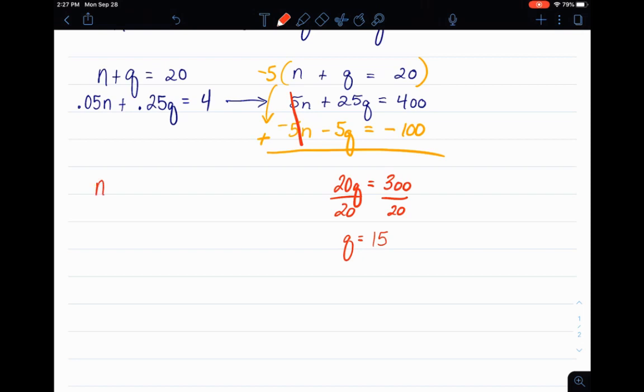So if we have n plus q equals 20, and I know that q is 15, I subtract 15 from each side, and I get n equals 5. So the solution is going to be 5, 15. 5 nickels and 15 quarters.